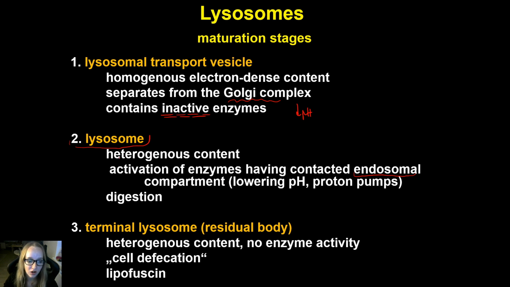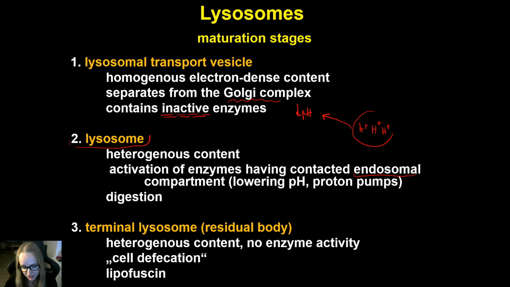So the lysosome is the next stage. A lysosome has a heterogeneous content. It has active enzymes in it because this endosome contains proton pumps, which lower the pH, because where there are protons, there is low pH. So there is an acidic environment which activates the enzymes, and there really is digestion going on in lysosomes.